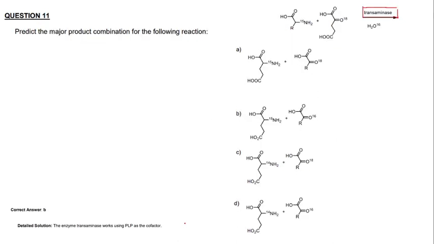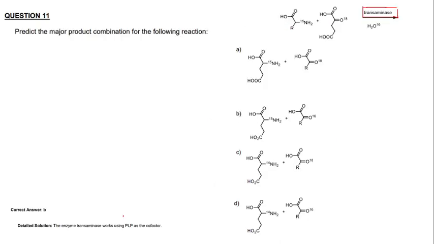So amine and oxygen will be exchanged. So you are getting here this glutamate labeled with 15N, and you are getting a transaminated amino acid and alpha keto acid.